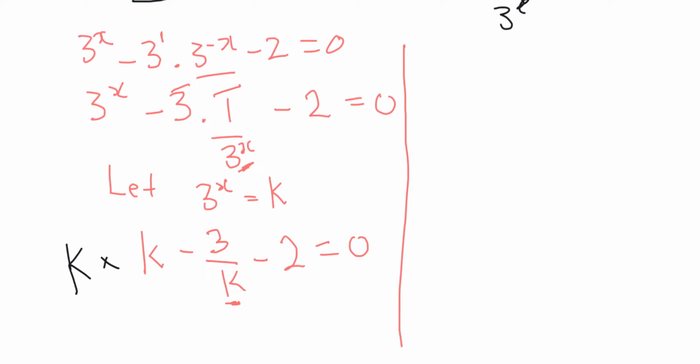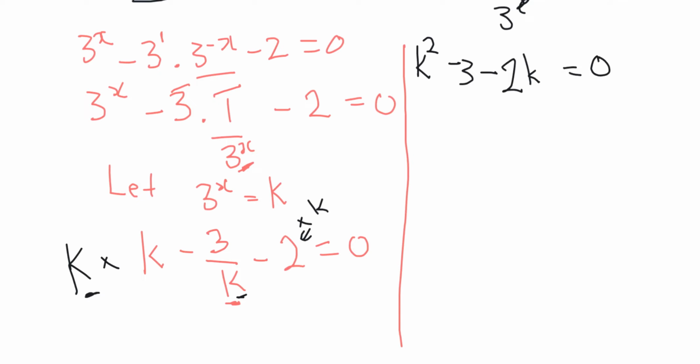The first one is going to be k squared, subtract. Now remember that this k is going to cancel out this k, which means you are going to have negative 3. Subtract what? This now is going to be the same as multiplying by k, so this is going to be minus 2k is equal to 0, right?